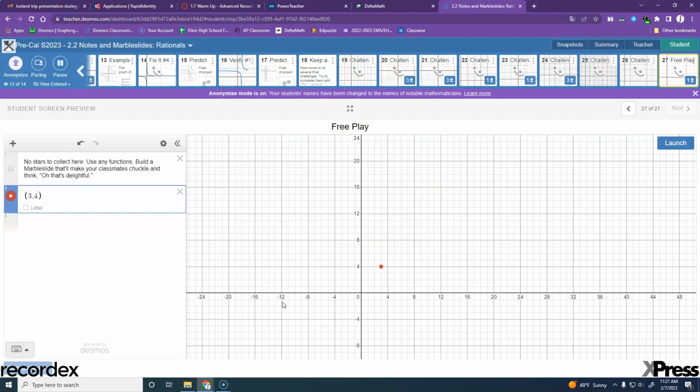You are welcome to ask each other questions to get hints. What I do not want to see is that Troy and Abby have the exact same equations on every single one of these, because there's a lot of different ways you can approach them, and if I see Troy and Abby did the same thing on all of them, that is going to make me suspicious that one of them actually did it and one of them just copied everything down. Obviously, the first one doesn't count anyway because we did it together.